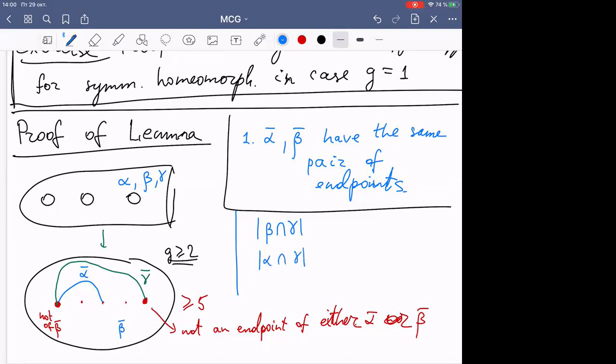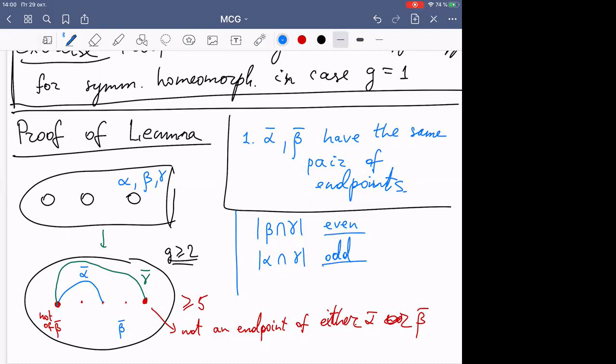I claim that there are an even number of intersection points of beta and gamma and an odd number of intersection points of alpha and gamma. The matter is that alpha and gamma have one intersection in a fixed point, and beta and gamma have no intersection in a fixed point. All other intersections can be paired off, so we have an even number here and an odd number here.